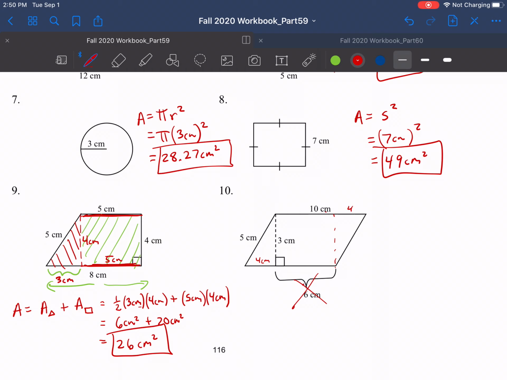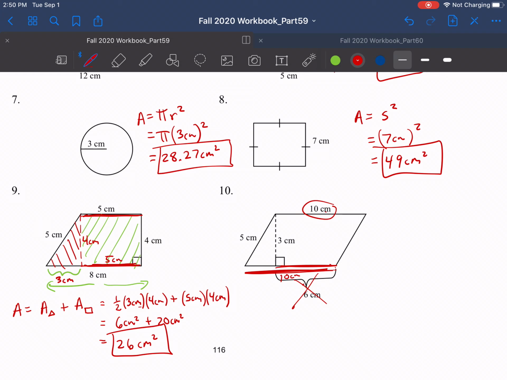And so this would be 4 centimeters up here, and then you could go through and do it that whole way, or we can just realize that this is a parallelogram, and so we just have to do base times height. Well, the base is not the 6 centimeters, because the 6 centimeters is only this part. The base is this whole length here, which is that 10 centimeters up here.